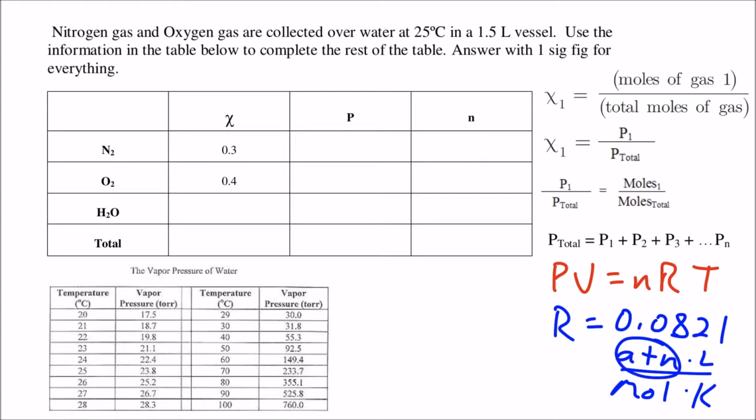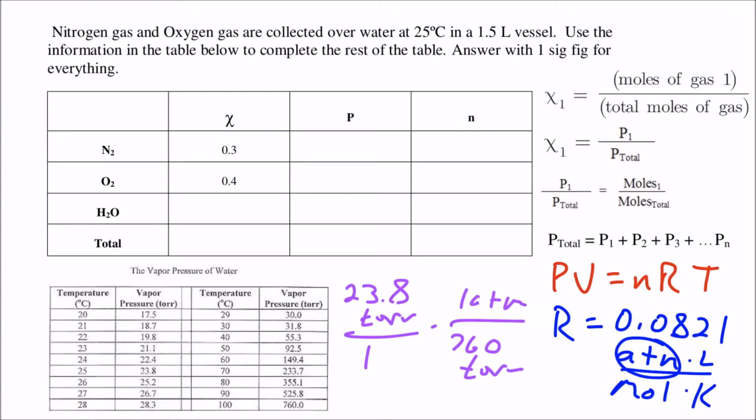Alright, so we are going to take that 23.8 torr to be our given, and 760 torr is equal to 1 atmosphere. And of course, this is the partial pressure of water.